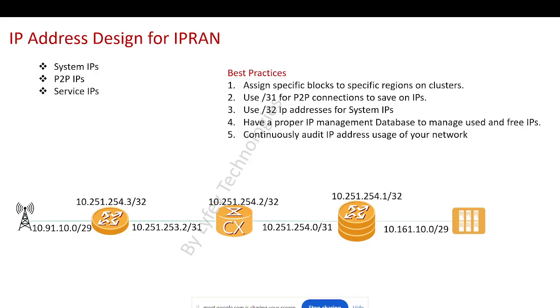We use /31 for point-to-point connections, and we use /32 for the system IPs or the management IPs. Another thing I have to mention is you need to have a proper IP management database to manage the used and free IPs. This will ensure that you don't have duplicate IPs in the network. Also, you need to continuously audit IP address usage of your network.